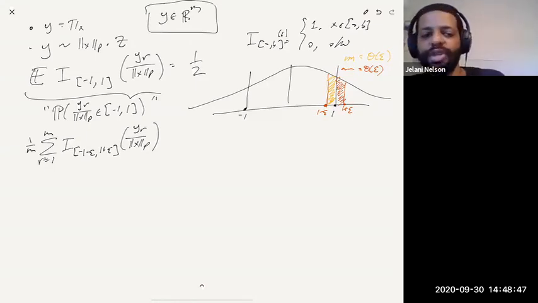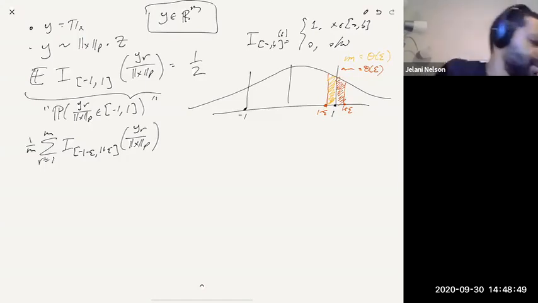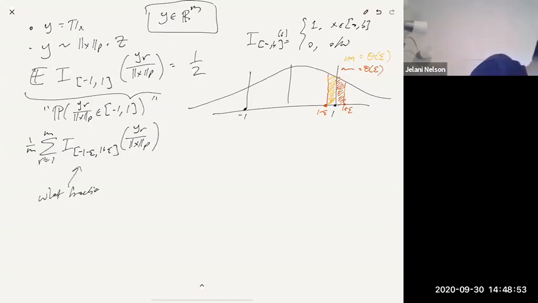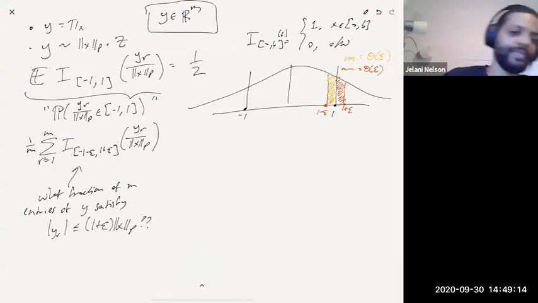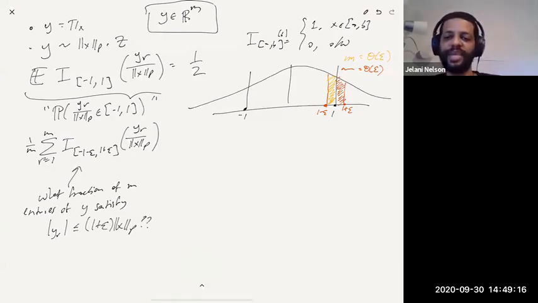So I'm counting what fraction of the m entries of y satisfy that the absolute value of y_r is at most 1 plus epsilon times the LP norm of x. That's what this thing means. Does that make sense?